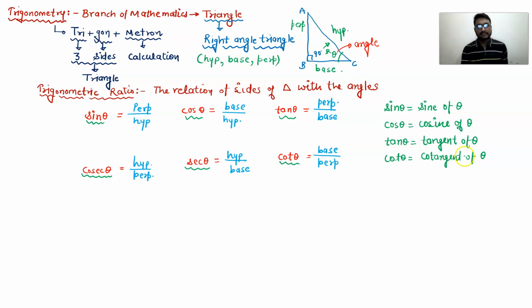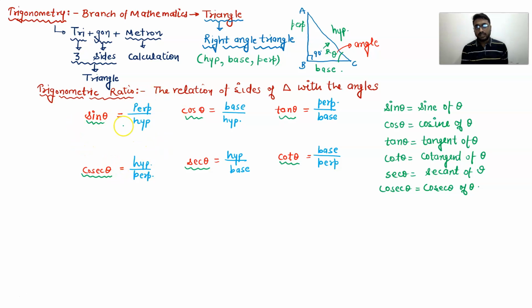Sec theta is secant of theta, and cosec theta is cosecant of theta. So these are the trigonometric ratios, the relation between the angle and sides. Basically these six are the functions of trigonometry.